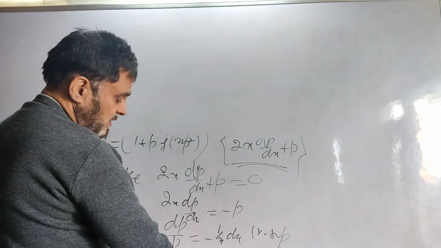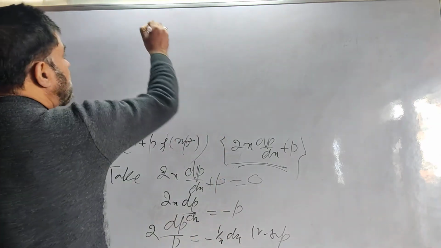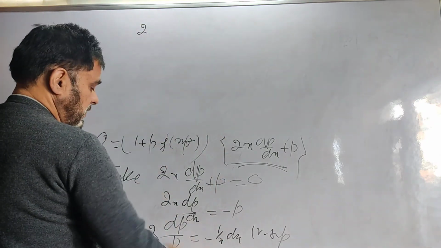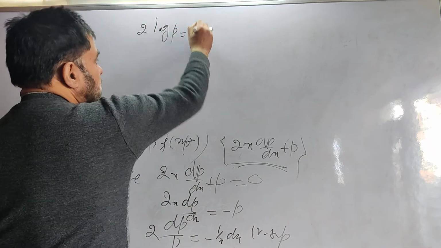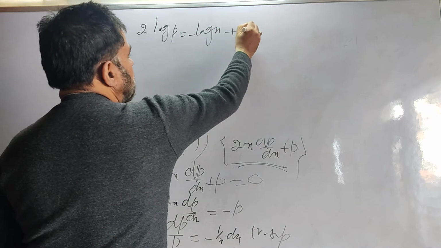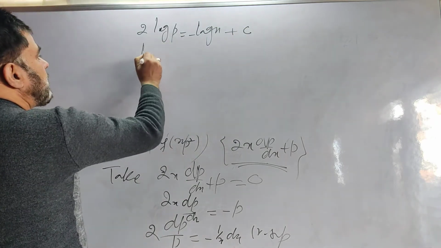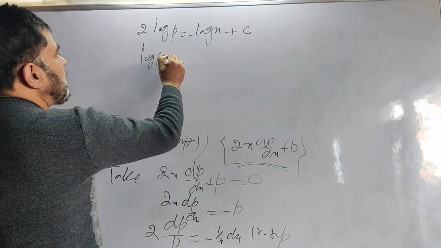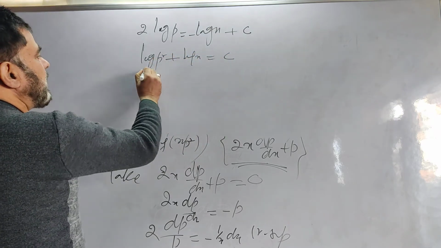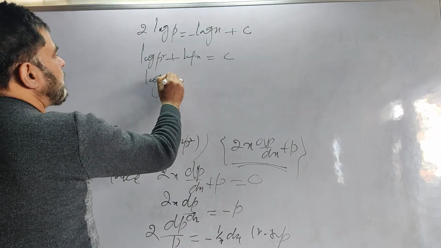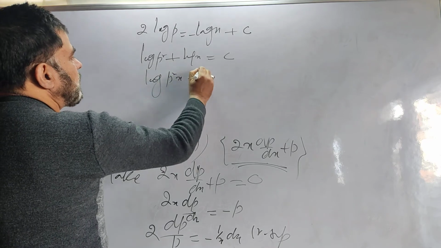Integrate on both sides. This is log p, this is minus log x, this is your c. You can write log of p square plus log x is equal to c. You can write it is log of p square x is equal to log c.